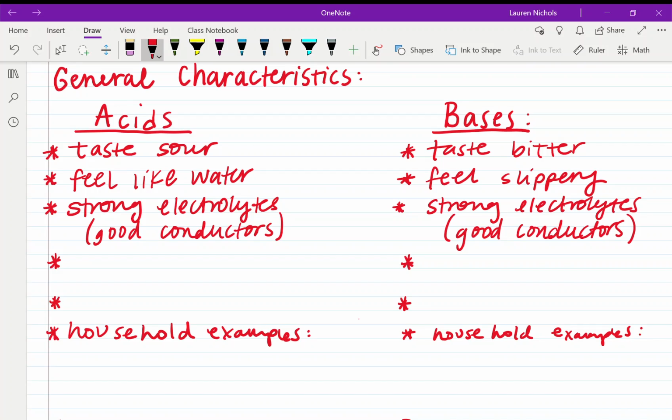One other way that you can tell if something is an acid or a base is how it behaves with metals. So acids are going to react with metal. When you put a little bit on there, it will start to smoke and bubble and things of that nature. But when you put bases on there, they do not react with metal.